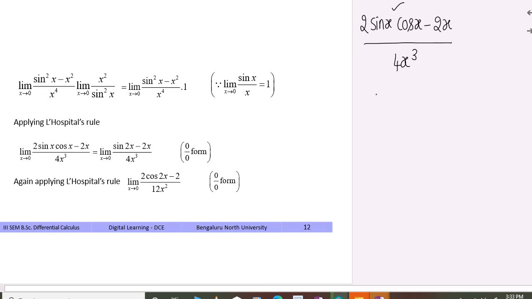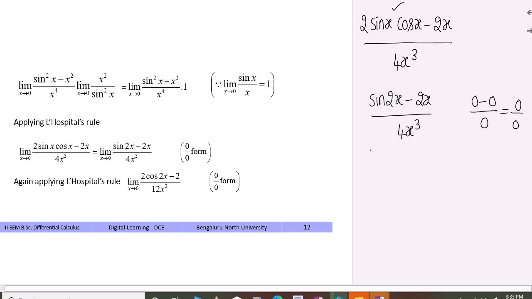But I am going to write 2 sine x cos x as sine 2x, so we get sine 2x minus 2x divided by 4x cube. Substitute x equal to 0, then sine 0 is 0, 2 into 0 is 0, 4 into 0 is 0. That means we are going to get an indeterminate form.